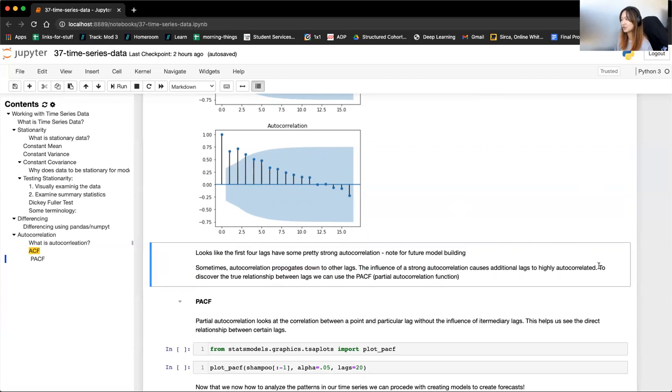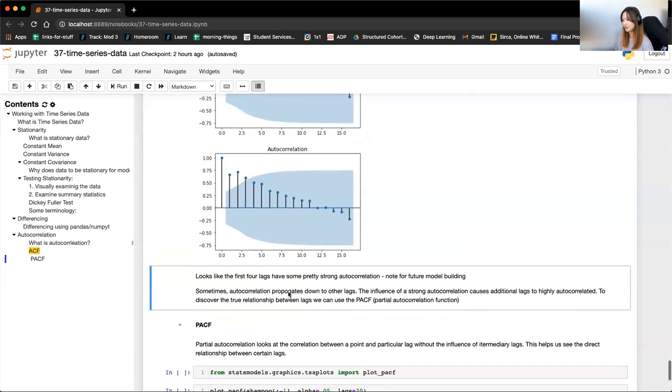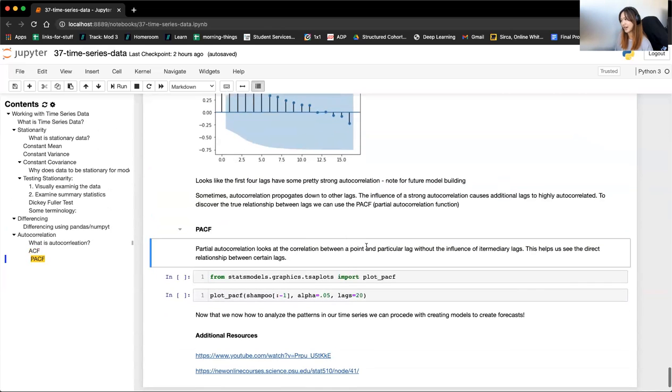To mitigate that, because the autocorrelation carries on with a few lags, and to discover the true relationship between the lags, we use PACF, partial autocorrelation. PACF looks at the correlation between a point and a particular lag without the influence of intermediary lags. And this will help us see the direct relationship between lags.